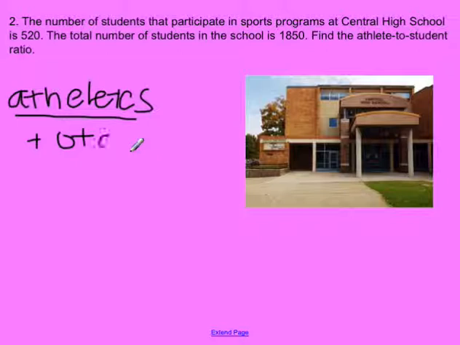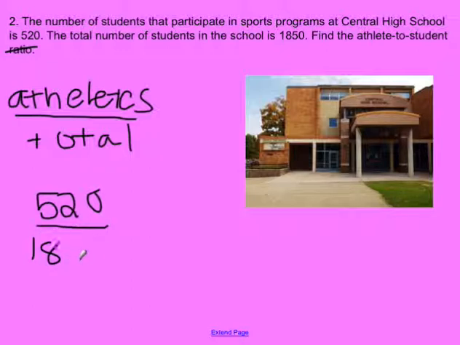Our number of athletes is 520, and we want to put that over our total, which is 1,850. So again, to get the ratio, we're going to divide it. And when you divide it, you get about 0.281. So basically what that's telling us is about 28% of the population at the school is an athlete.